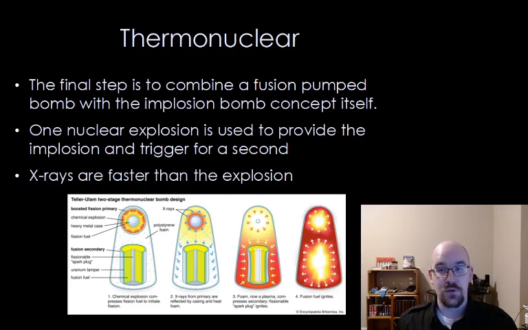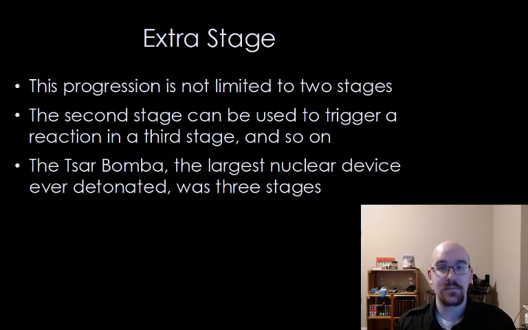You trigger one nuclear blast, and then the X-rays from that explosion are used to implode a second shell even more efficiently than conventional explosions would. This works because the X-rays from the initial blast are faster than the shock waves and explosion tearing the device apart. So this all happens in a very, very short period of time.